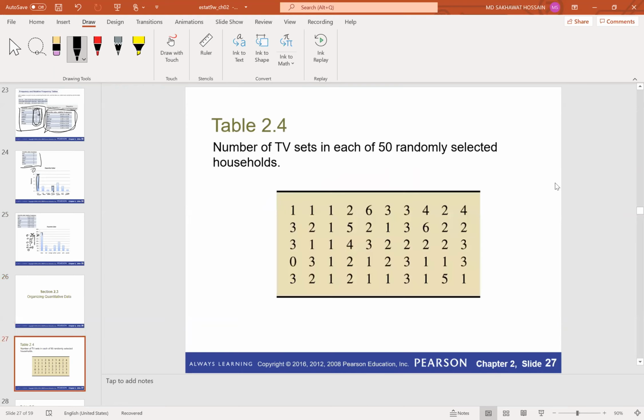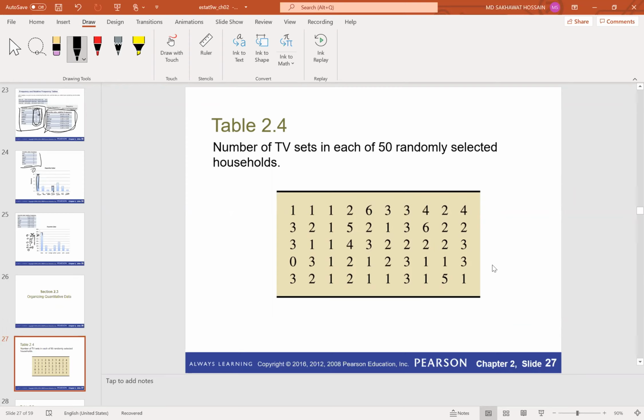So here we have an example: number of TV sets in each of 50 randomly selected households. We collected data from 50 households, and these are the corresponding numbers. Now the question is, what is the variable here?